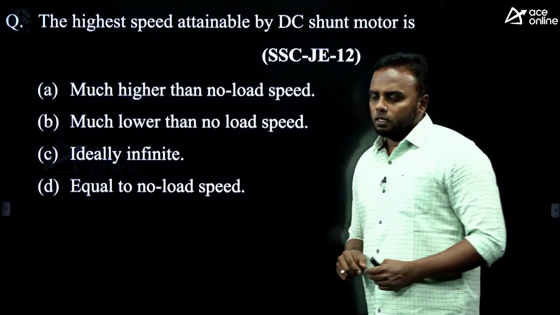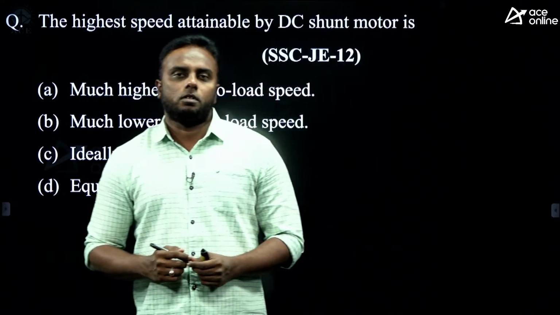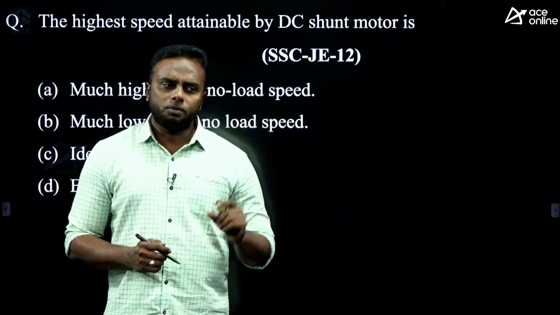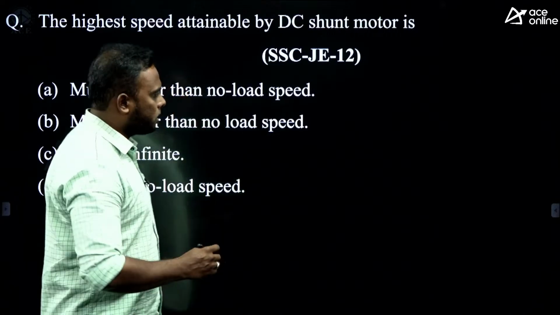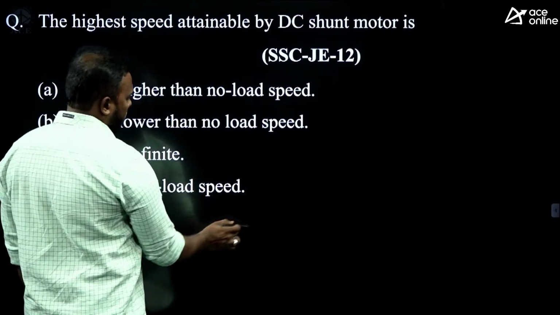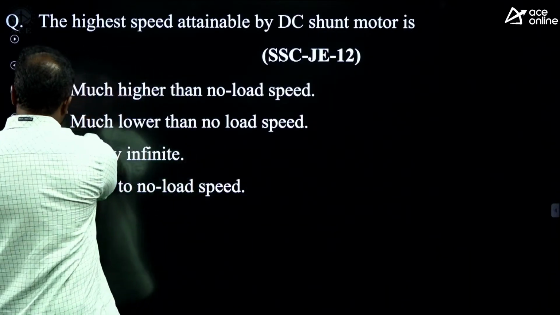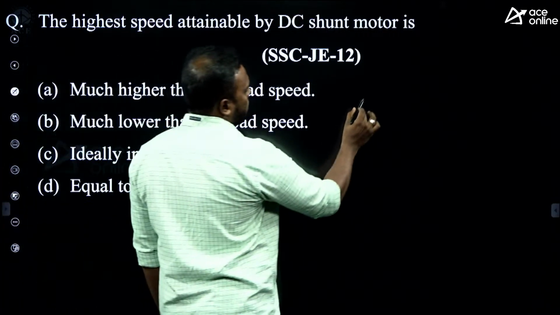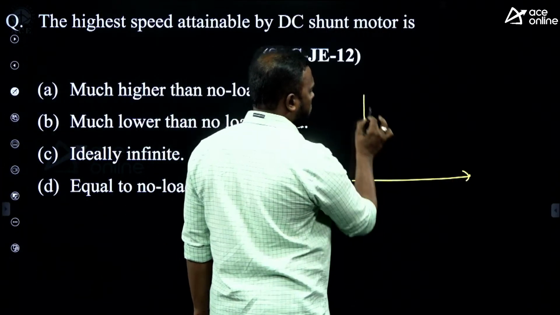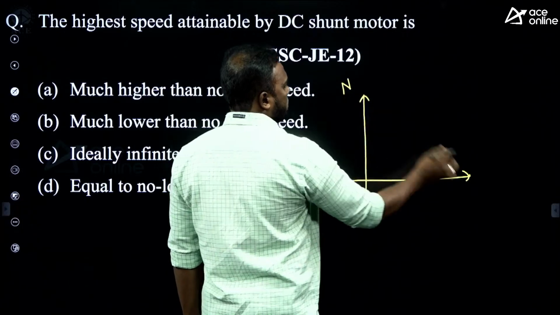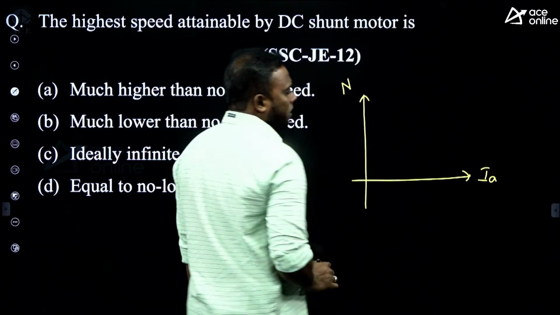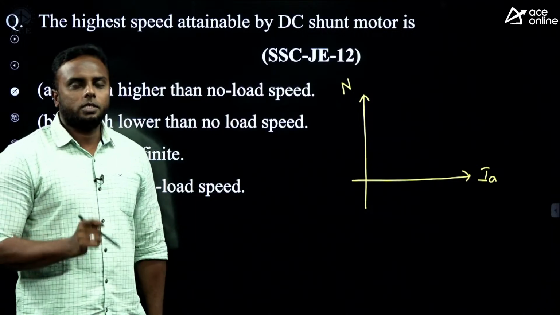So what is the speed? If you see the characteristics of a DC shunt motor, particularly speed versus armature current or load, under no load condition, what is the speed of a shunt motor?